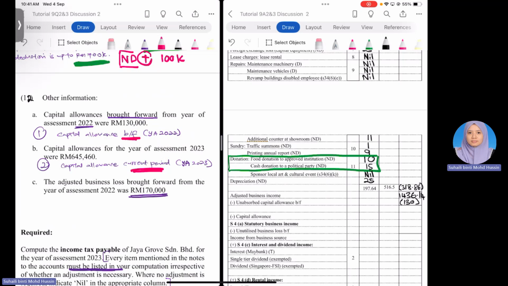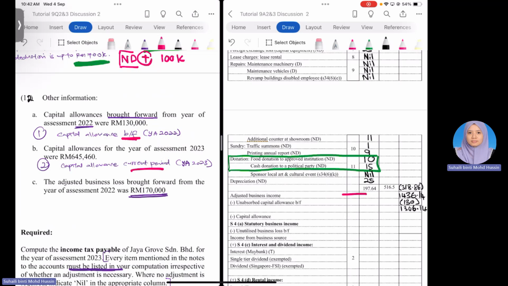So adjusted income minus the unabsorbed capital allowance from the previous year, you still have a balance of 1,306,14,000 ringgit, and then you still have a balance.